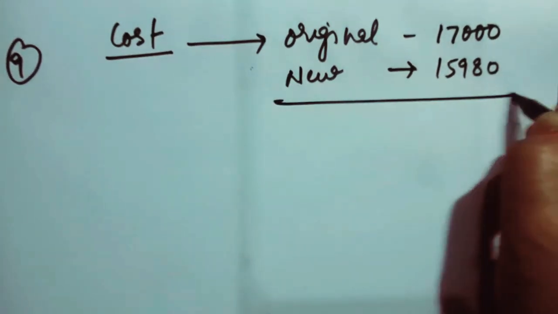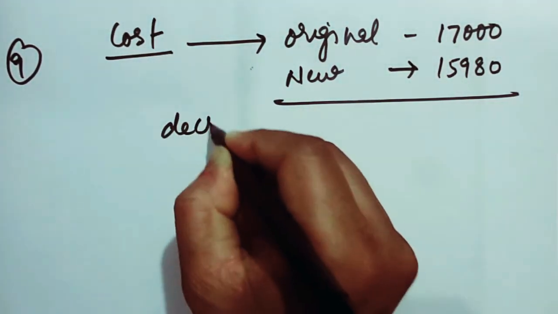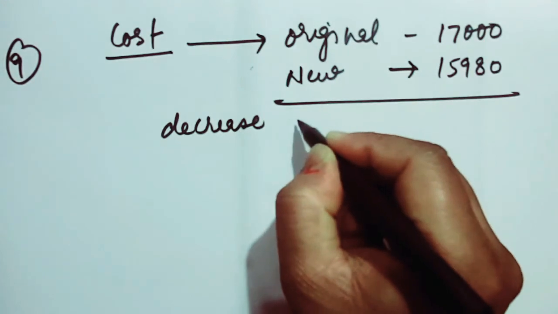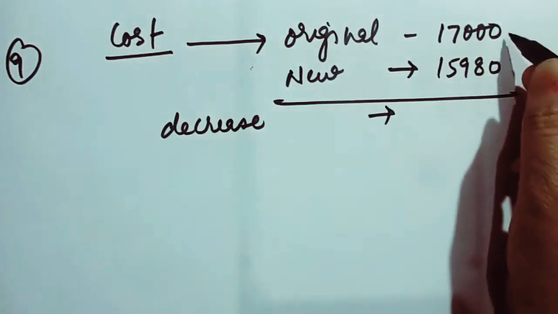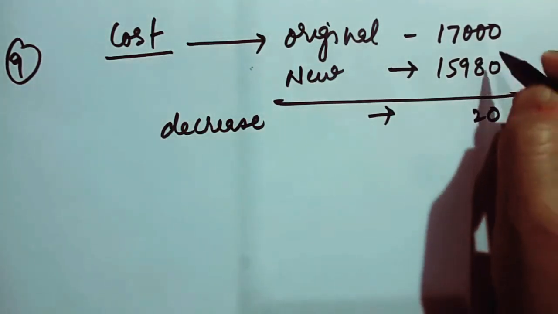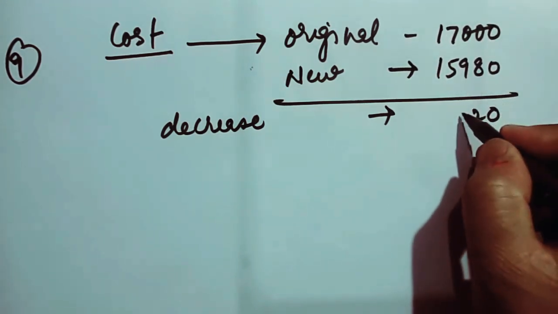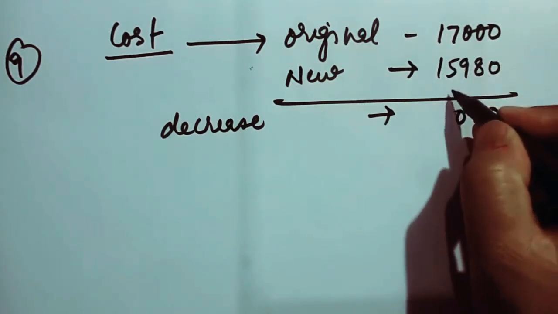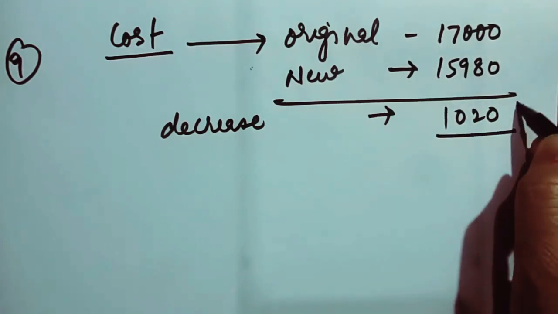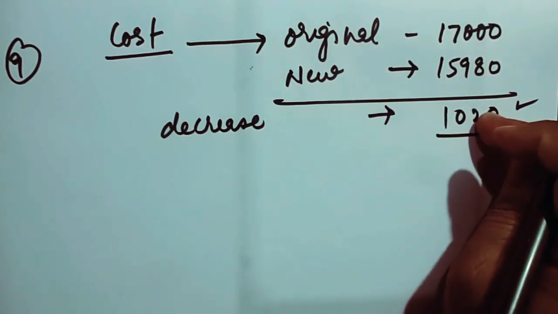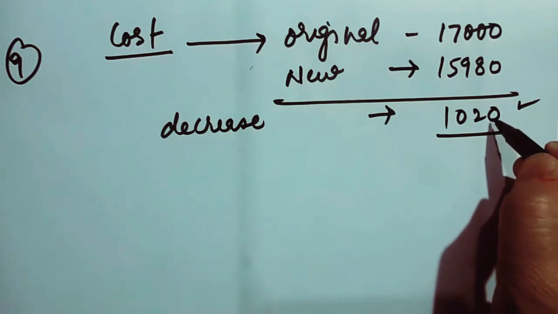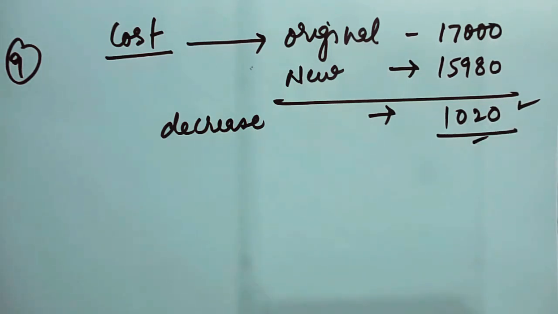So naturally there is a decrease in price. Let's see, 17000 minus 15980 is 1020. That is your decrease. Now they are not asking you the decrease, they are asking you the percentage decrease.